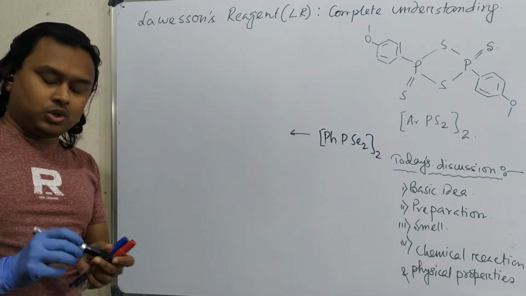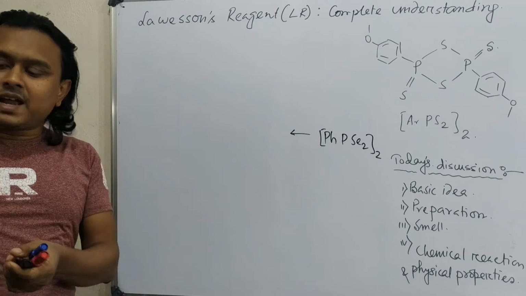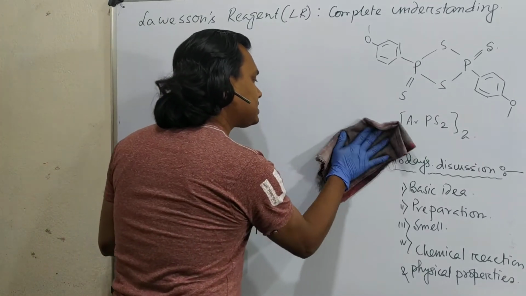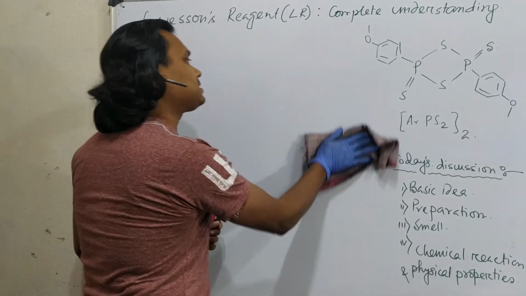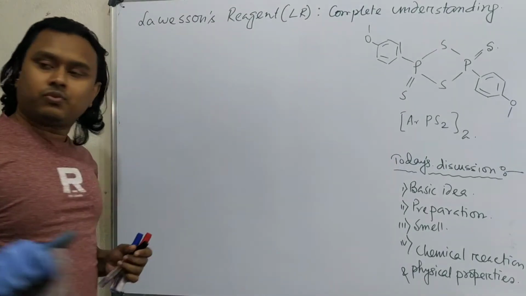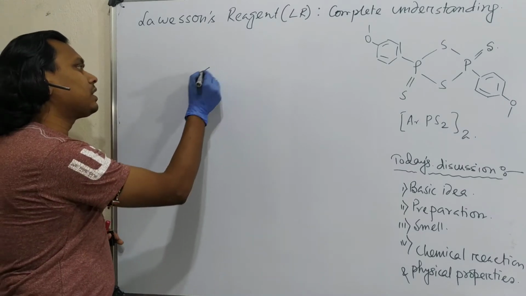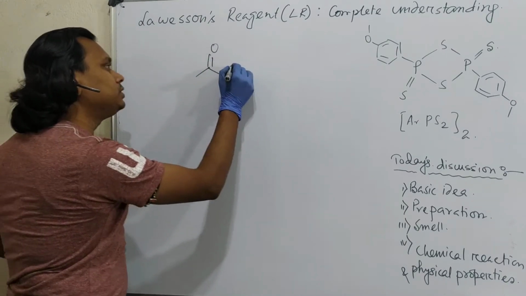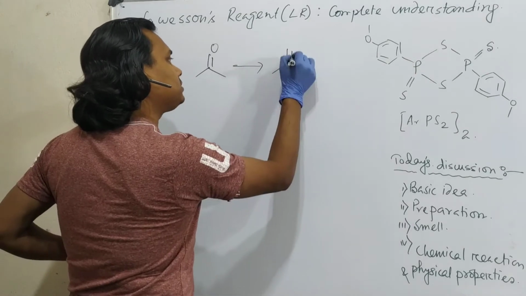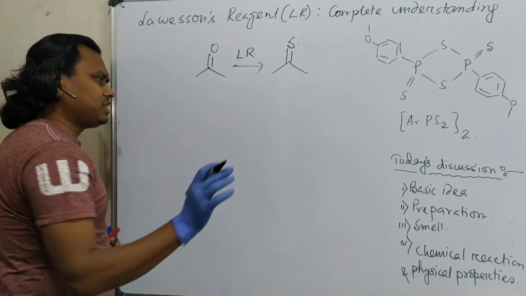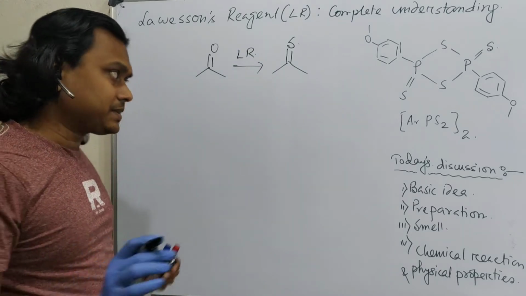From the name you can understand that Lawesson's reagent is used for selective sulfurization, mainly converting the carbonyl into the corresponding thiocarbonyl. This is the main application. There are some other reactions we'll discuss later.